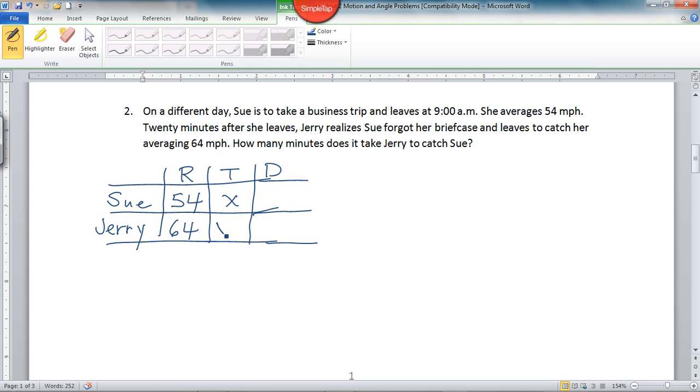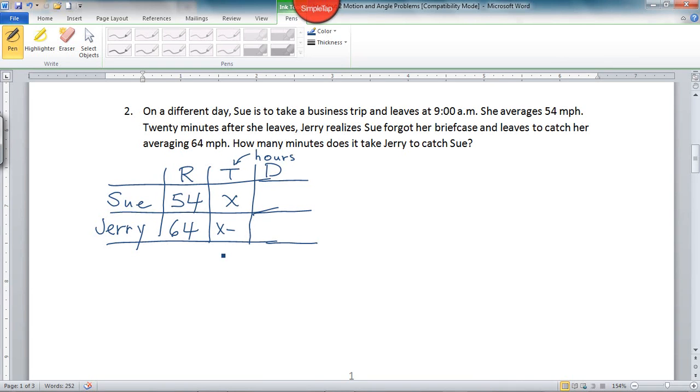So we're going to take x, Sue's time, and subtract a little bit from that. Now let's not jump the gun though and say, well, he leaves 20 minutes later, so it's x minus 20. Now note that since our rate is in miles per hour, our time is in hours. Not minutes. So if I put x minus 20 right there, that's x minus 20 hours.